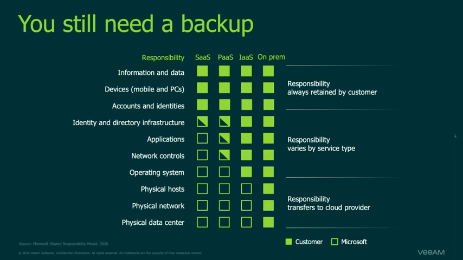But really, the key point here is that top line: information and data. Regardless of what you are doing in the cloud, it is still your data, and it is still your responsibility to protect it.